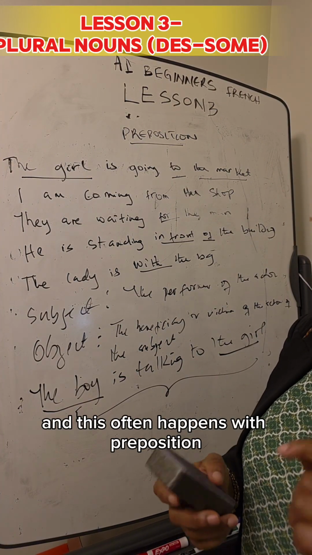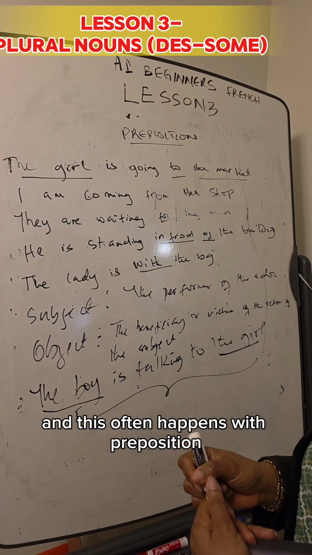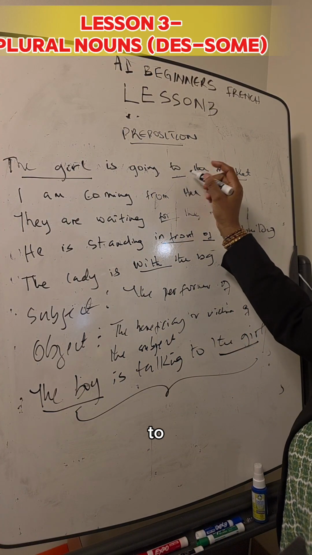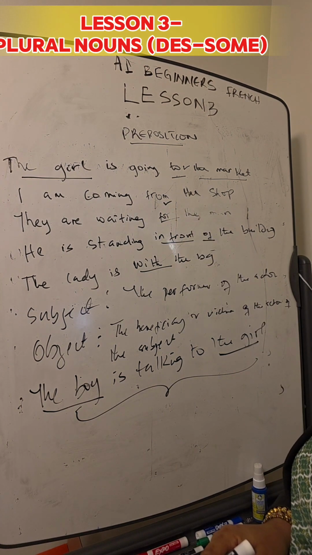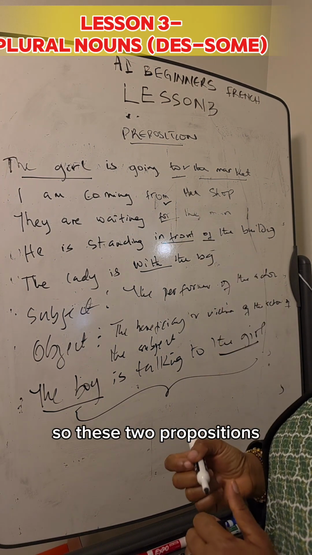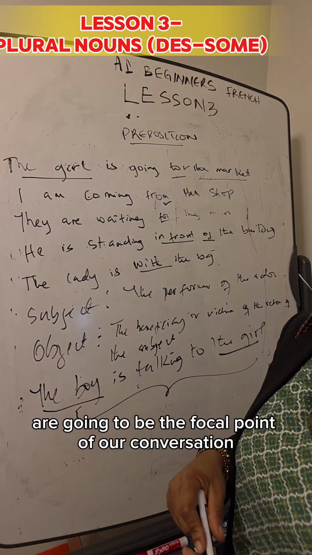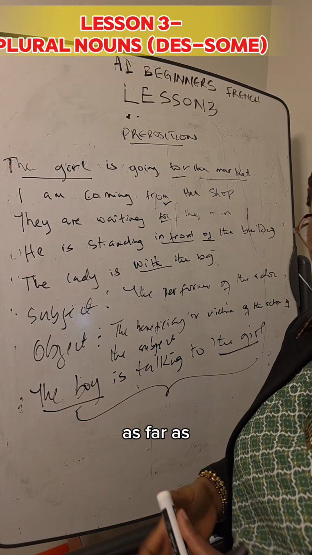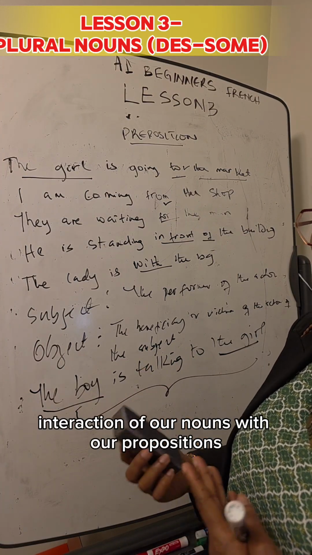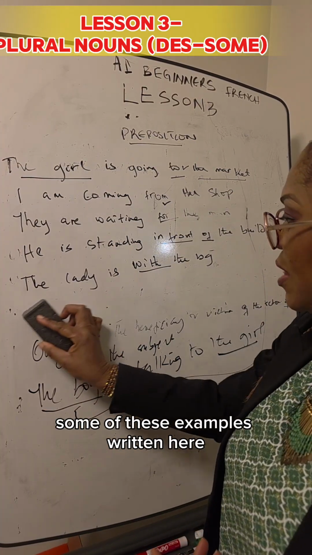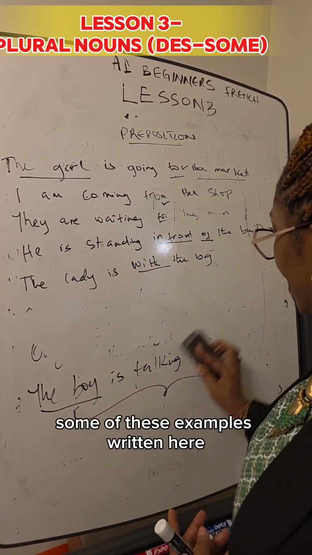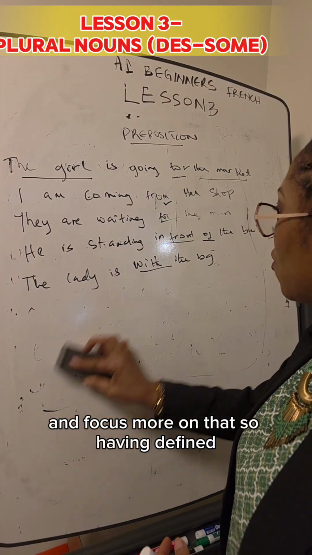And this often happens with the prepositions to or from. So these two prepositions are going to be the focal point of our conversation as far as the interaction of nouns with prepositions is concerned. So I am going to wipe off some of these examples written here and focus more on that.